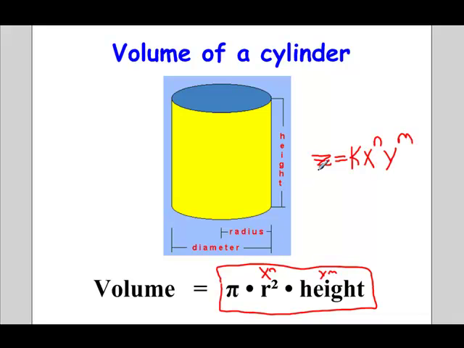Well, your z is the volume, your constant is pi, your x to an n is r squared, and your y to an m is just the height. Alright? So basically all these different things are different ways that the values, so z or x or y, are related to each other, okay?